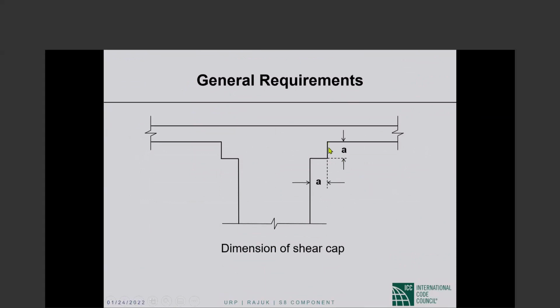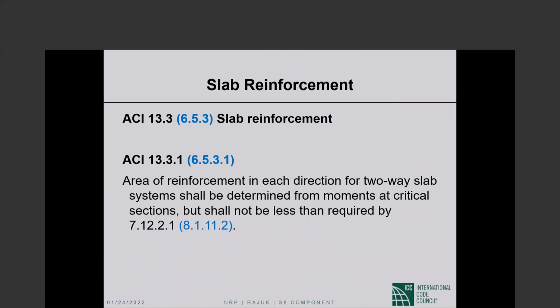If it sticks below the slab by a distance A, then this horizontal distance will also be at least equal to A. Okay. So we have drop panels that have minimum dimensional requirements, and then we have shear caps, which also have these minimum dimensional limitations as shown very clearly in the picture.